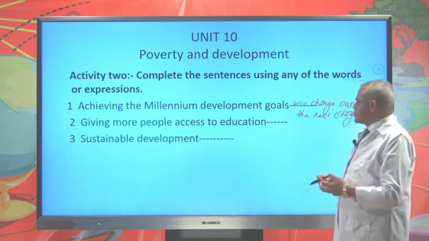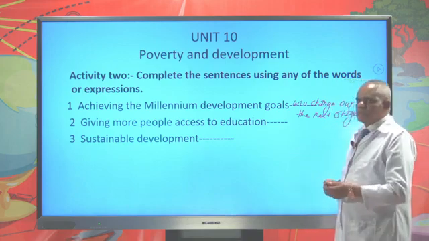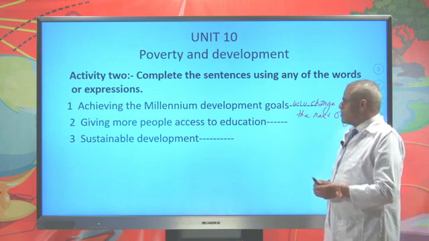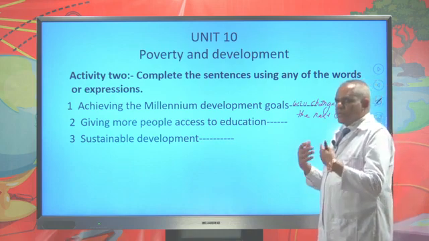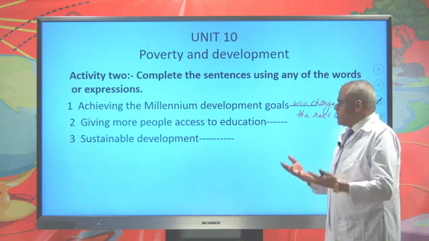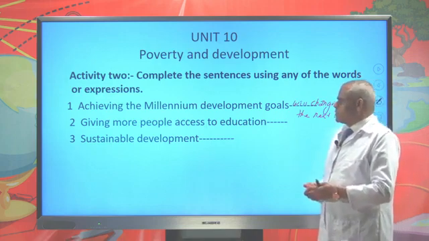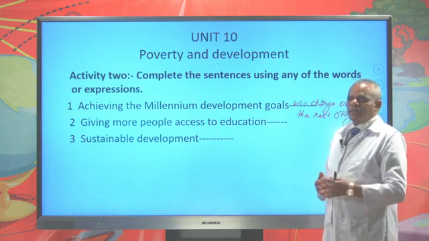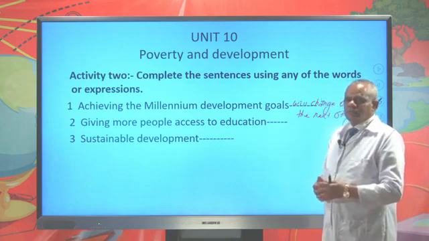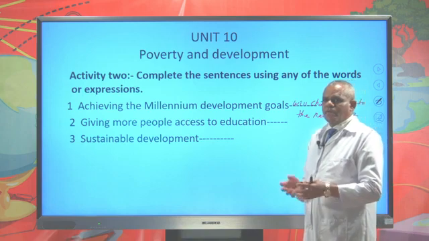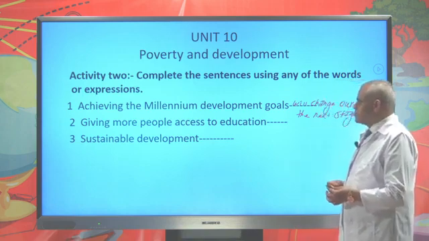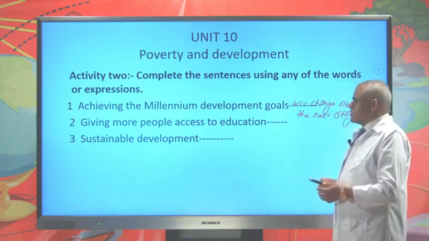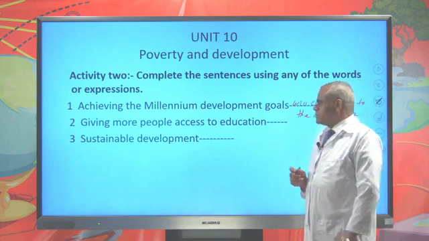Giving more people access to education. Why? As we are giving more people access to education, we can eradicate illiteracy from the country. Sustainable development.